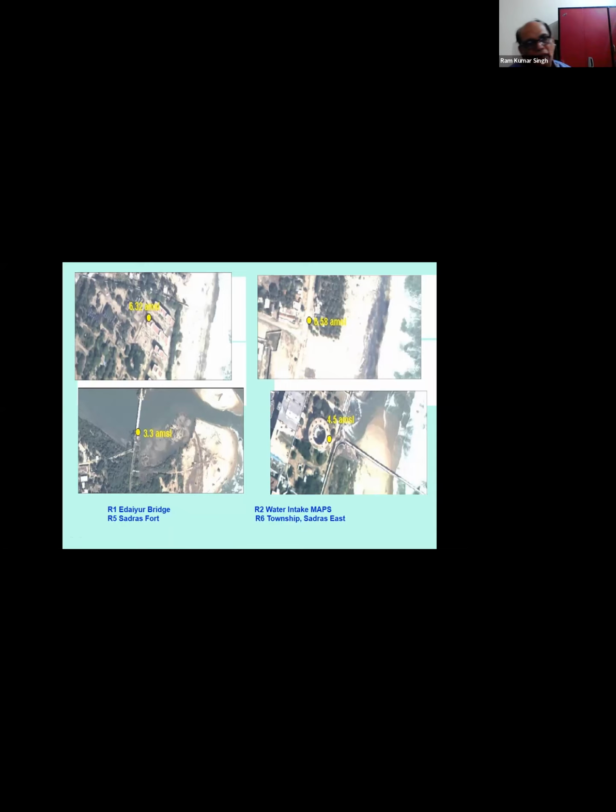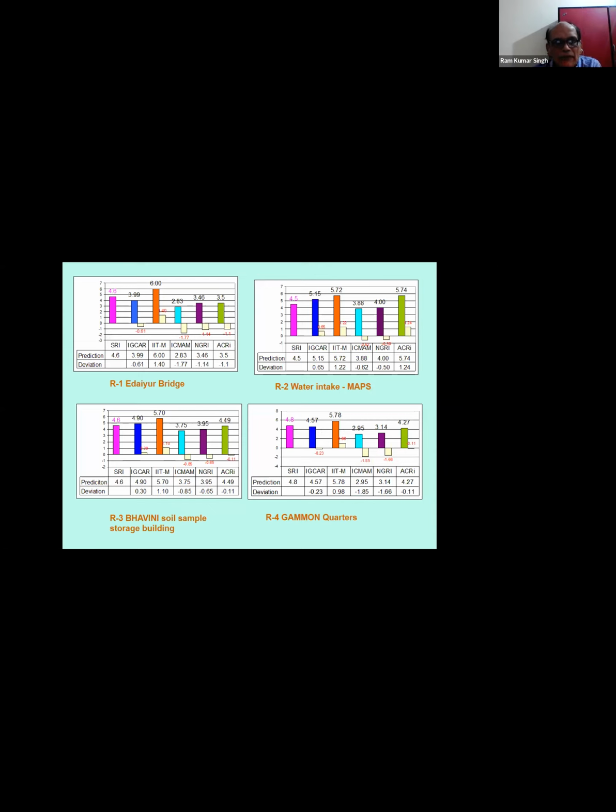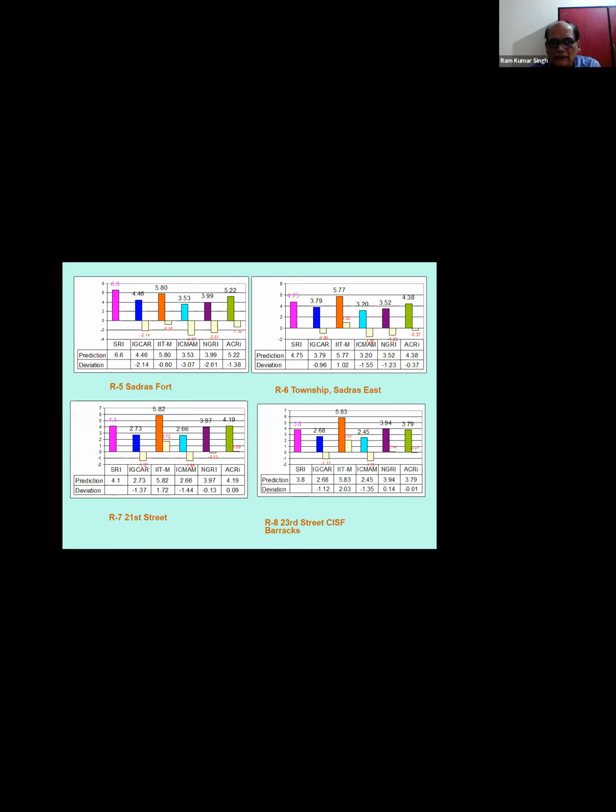Watermarks were seen and measurements were taken by the SRI people. And this comparison was very good among various participants and along with the measurements, and in most of the cases the deviation was very, very small. So the run-up prediction capabilities were very good with various participants, and these are again some other run-up predictions at different areas.